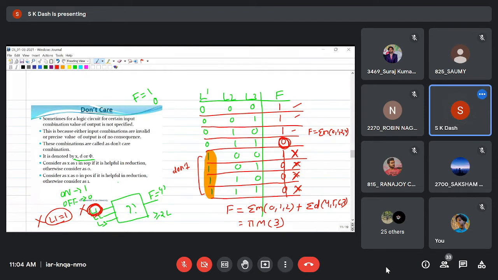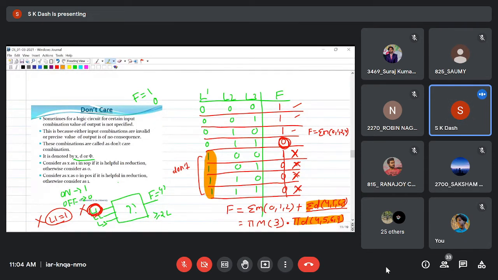Don't care: when you are writing SOP, you write summation of D; when you are writing POS, you write pi of capital D, 4, 5, 6, 7. If you are writing SOP, it should be summation of D. If you are writing POS, it should be pi of D.